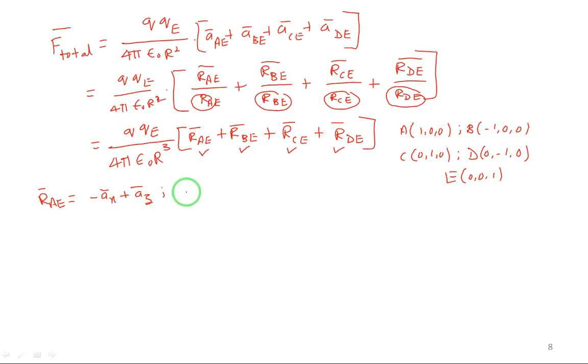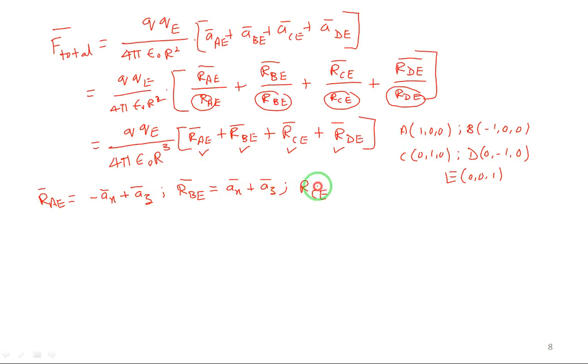So I am getting RAE. Just calculate the distance vector. Similarly, I will calculate RBE using coordinates. I hope you know how to calculate RBE. 0 minus of minus 1, that is plus AX. 0 minus 0 is 0, 1 minus 0 is 1, that is AZ. So I am getting this.